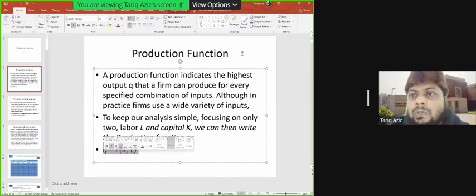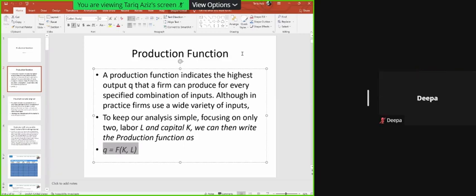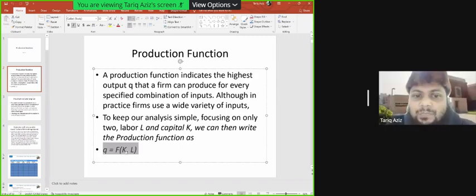Q is the quantity of output, K denotes capital, L is for labor. In this case, K is constant and L is variable. L is changing, and we can keep K constant.